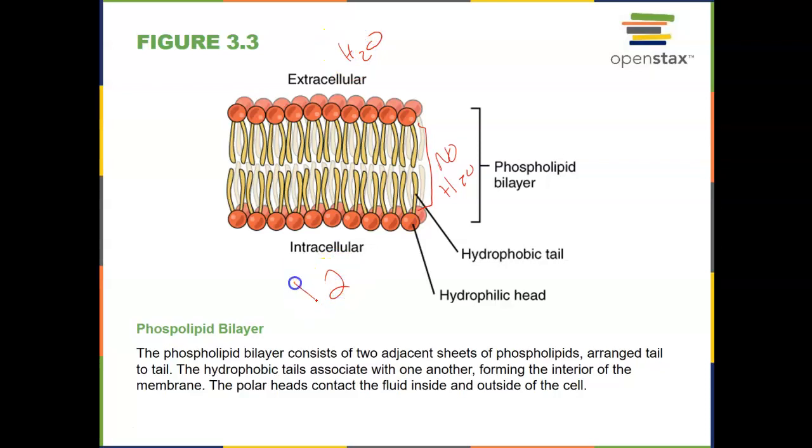Inside of the cell, there's water. So what this does is, again, generate polarity. You have polarity, hydrophobic, hydrophilic, but it also provides polarity across the cell membrane, okay? No water, water. And this allows the cell to separate environments, outside to inside.